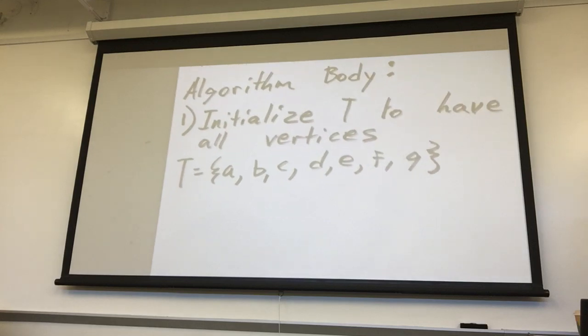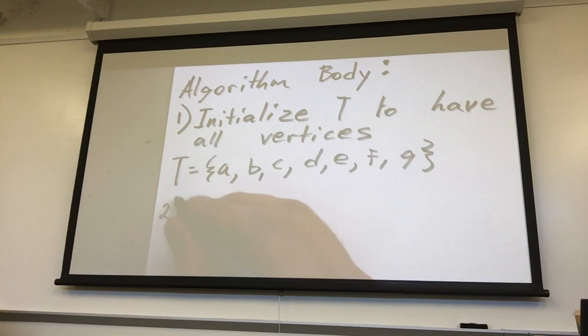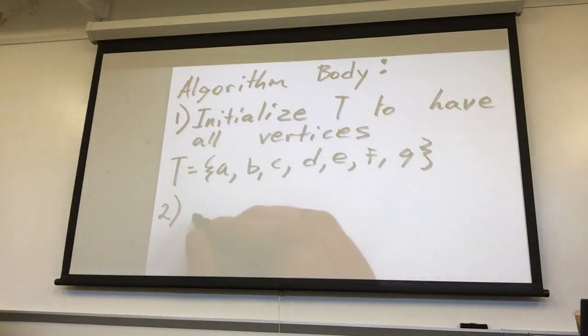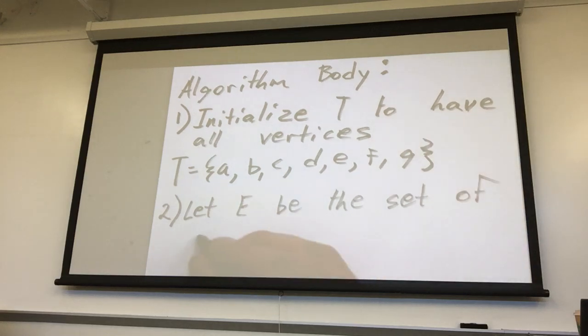We're going to initialize T to be the set of all vertices. And then for the second step of the problem, we're going to let E be the set of all edges.